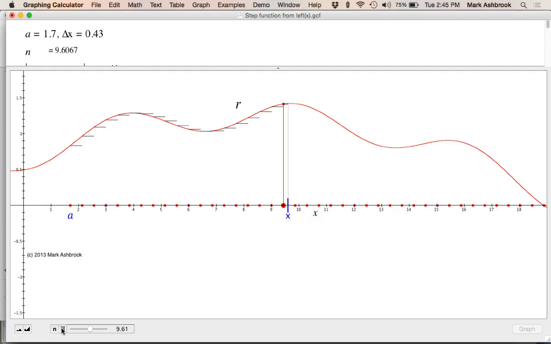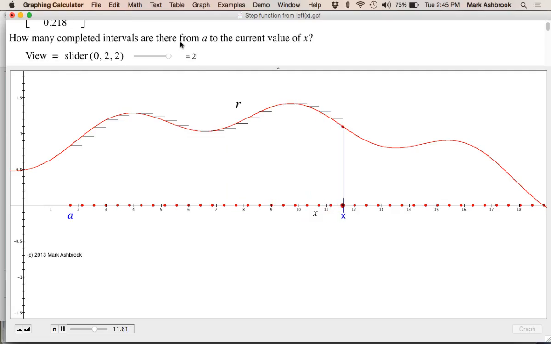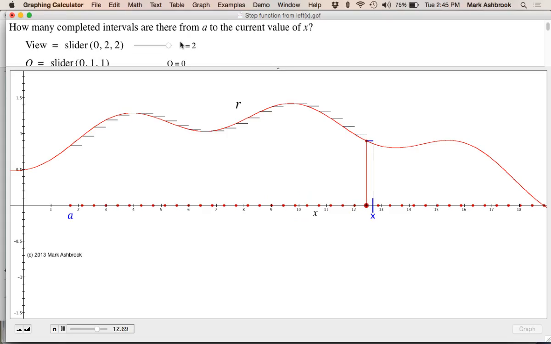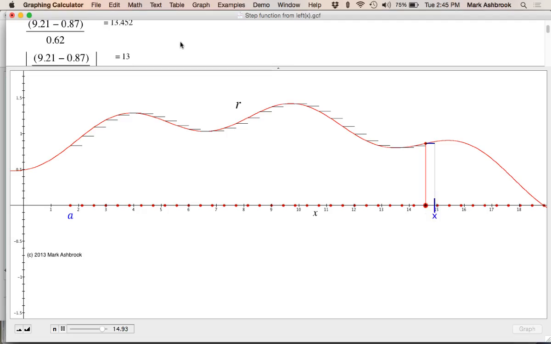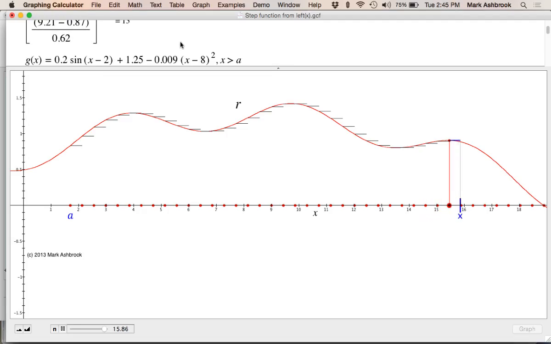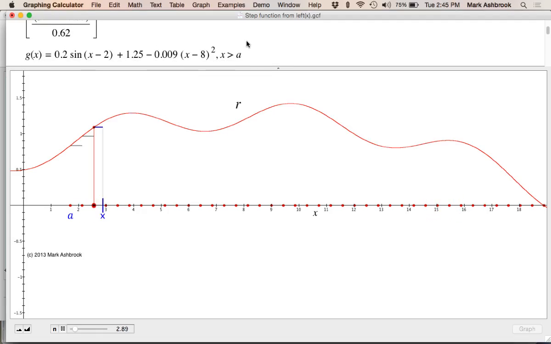Yeah, I'm happy to. It's just some cosine variation. Yeah, it's just a wavy, non-symmetric function based on sine and quadratic. But if you change g, I can change g, and it will work for the new function g.